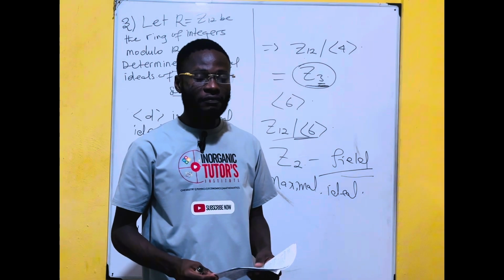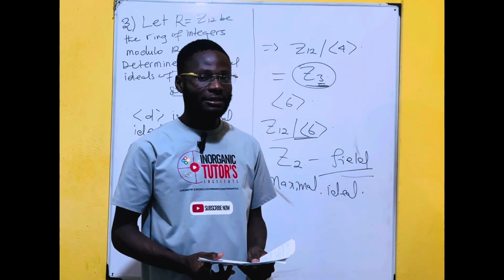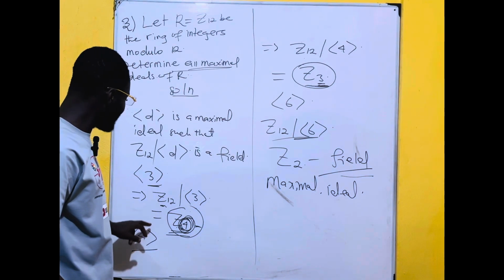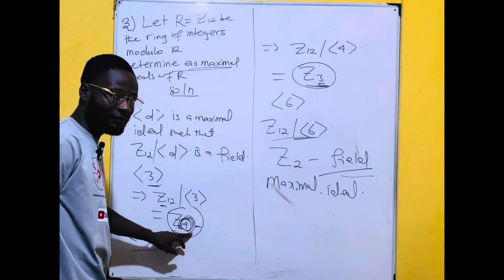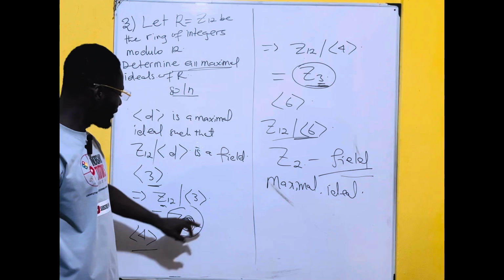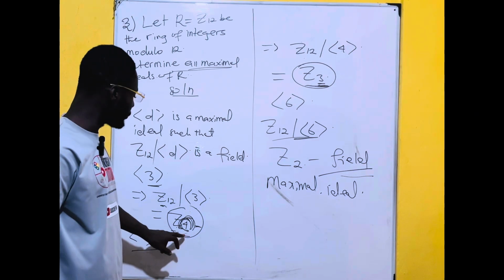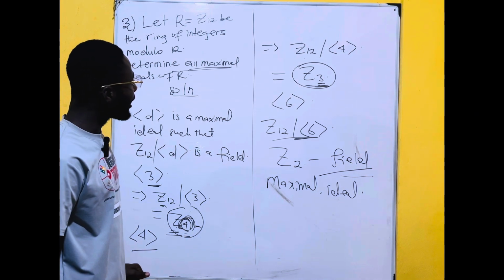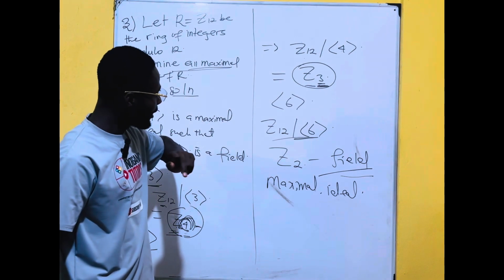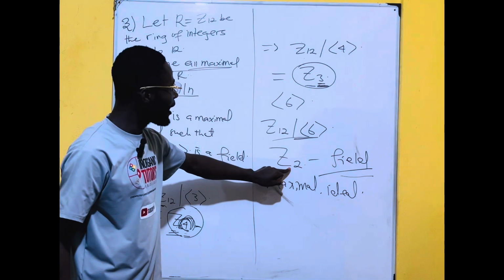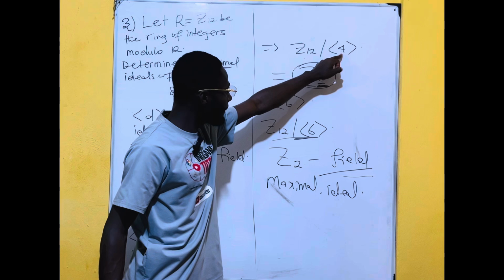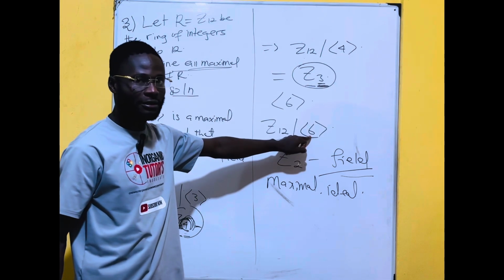So in all, we can say that Z12 modulo (3) is the only one that is not a field, and since it is not a field, it is not a maximal ideal. So the only maximal ideals we have here are these two, and their corresponding ideals are (4) and (6).